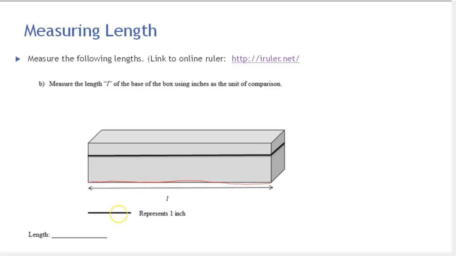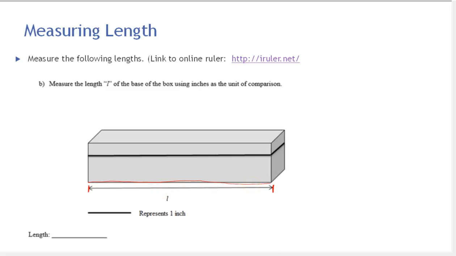Notice I have this length marked as 1 inch, so this is going to be my measuring tool for measuring L. So I'm going to line up my measuring tool starting here. So I want to measure the distance from here to here, and I want to see how many copies of this length, which is 1 inch, maps on to this line segment.